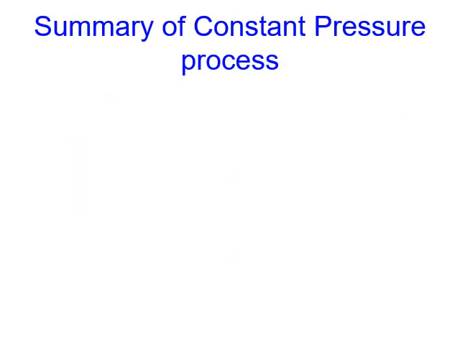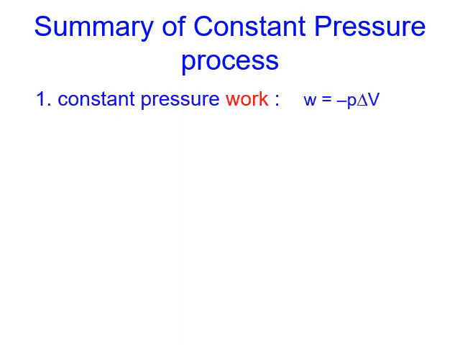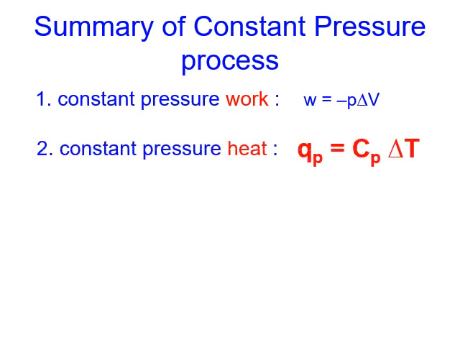Let's summarize the constant pressure process. As long as the pressure is constant, you should immediately remember work can be calculated by negative pressure times volume change. Heat is always calculated by heat capacity times temperature change. For constant pressure, you need to use the constant pressure heat capacity, Cp, times temperature change. And we just showed that at constant pressure, there's a new state function, H equals U plus PV, the enthalpy, that relates to heat.